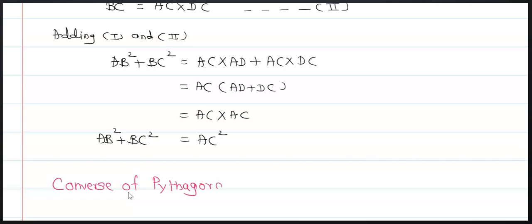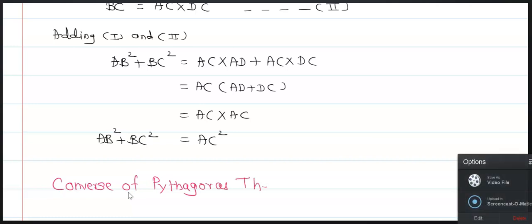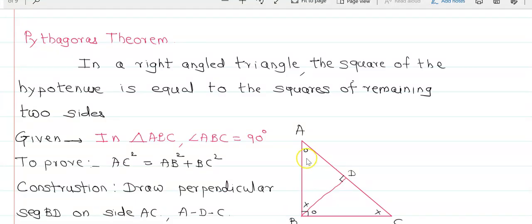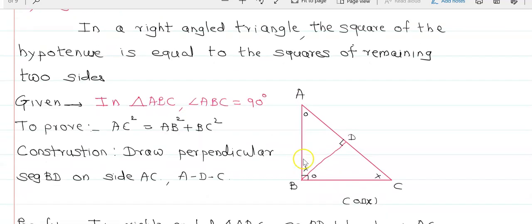Now see this again here. I will repeat it again from the board. That is the Pythagoras theorem. In a right angle triangle, the square of the hypotenuse is equal to the sum of the squares of the remaining two sides. In triangle ABC, the measure of angle ABC is equal to 90. To prove that AC square is equal to AB square plus BC square, draw the perpendicular on the side AC.